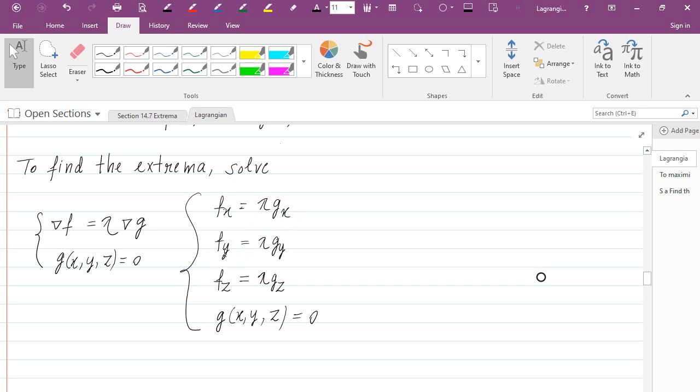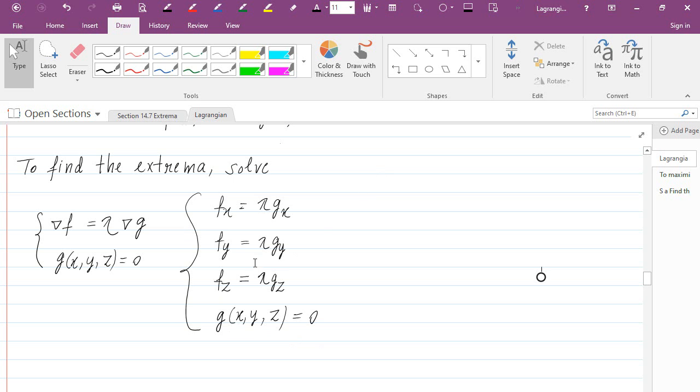Partial of f with respect to y is lambda times the partial of g with respect to y. Partial of f with respect to z is equal to lambda times partial of g with respect to z. And then the last one is the constraint equation.